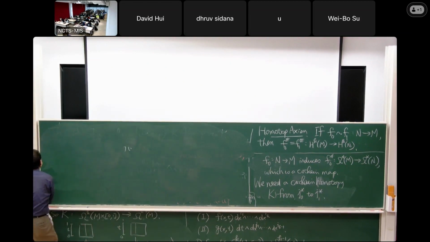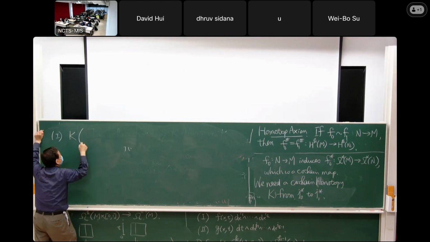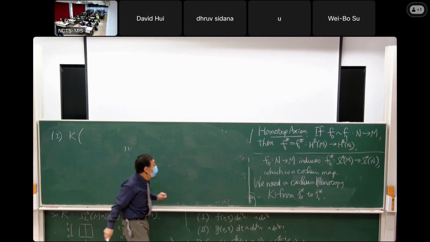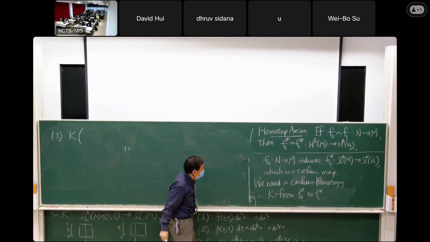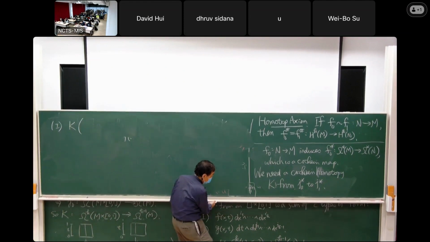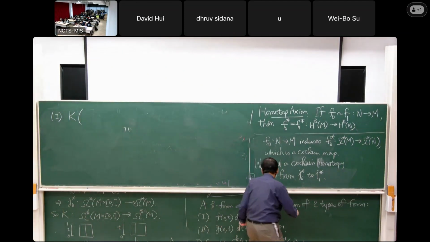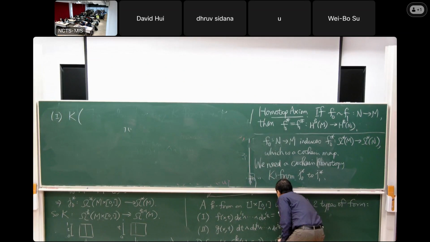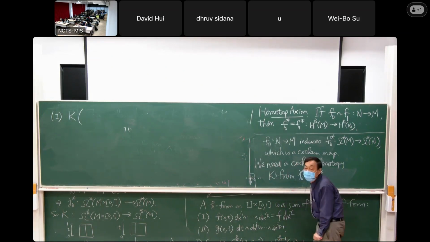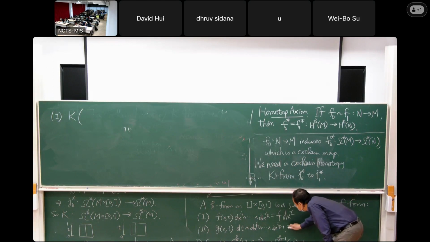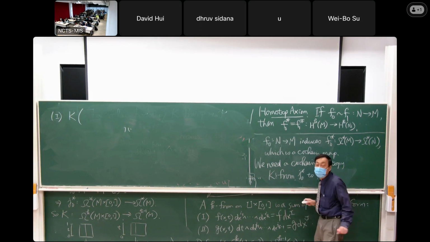Let's introduce a shorthand. The type 1 form I will just write as f dxI, and this type 2 form I will write as g dxJ.